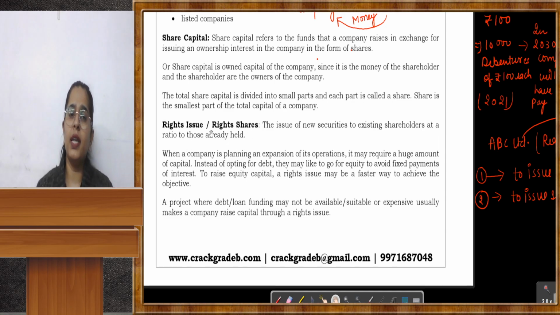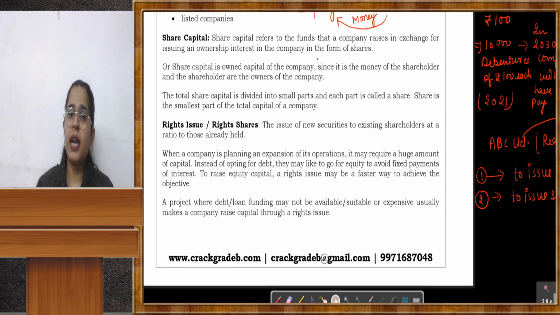to those already held. When a company is planning an expansion of an operation, let's suppose there is a company known as ABC Limited, it already has three factories, but it wants to expand its operation and establish two new factories.